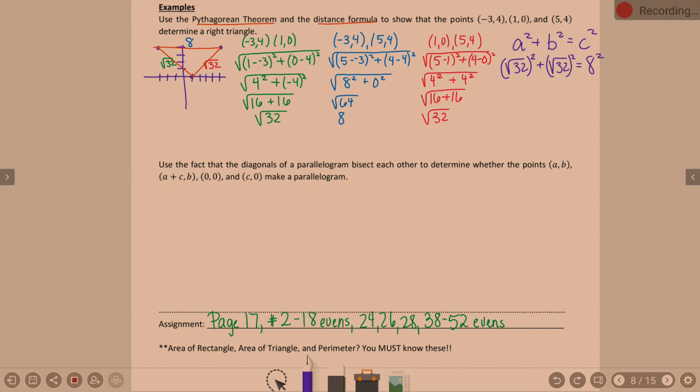What happens when you square a square root? It cancels. So 32 plus 32 equals 64. Once we come up with the statement that 64 equals 64, that is my proof that it is a right triangle.